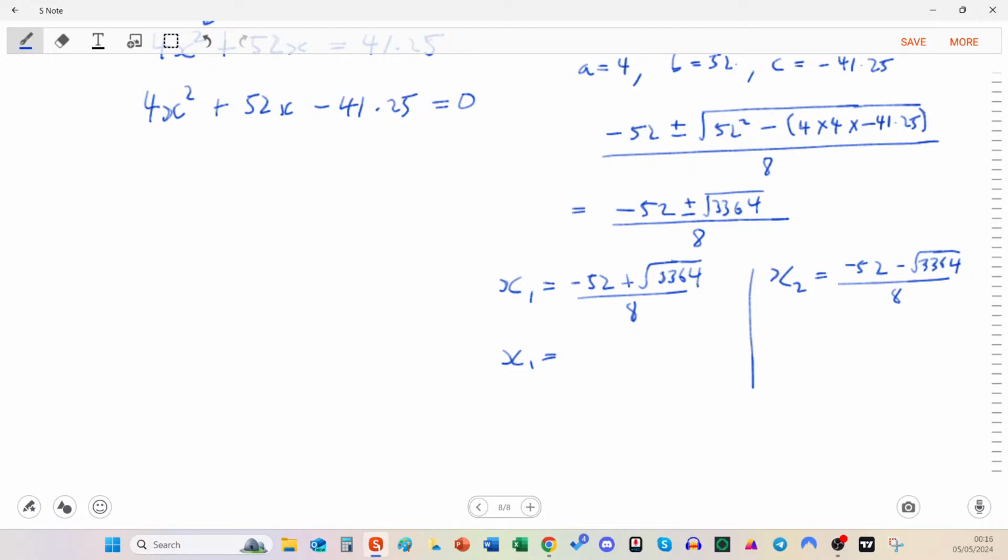So 52 plus the square root of 3364 is 6, which is 3/4. We knew that from our other method, so it's very reassuring to see it. Negative 52, take away the square root of 3364 is negative 110/8, which is negative 55/4.